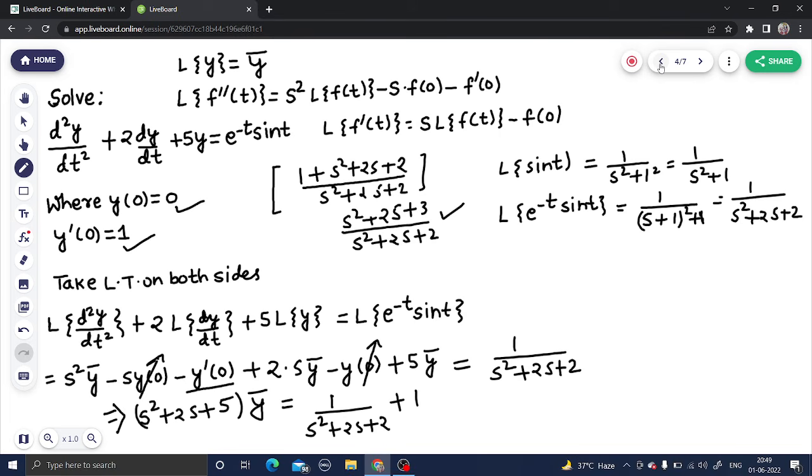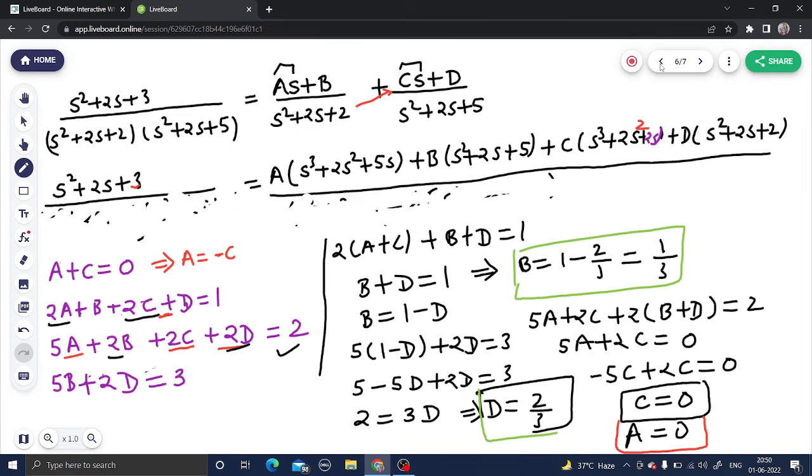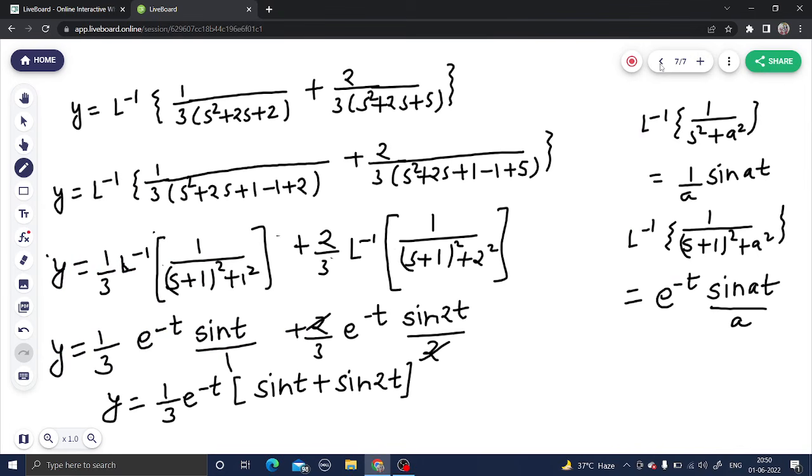Take the Laplace transform on both sides, use the formulas which I already made clear to you, the tricks also, then simplify it, then take the inverse Laplace on both sides, then apply partial fractions, which is the lengthiest portion of this question and the most problematic also, because you can make mistakes here, as I did, as you saw. Now in the last step, just use the properties of inverse Laplace and get to your final answer.